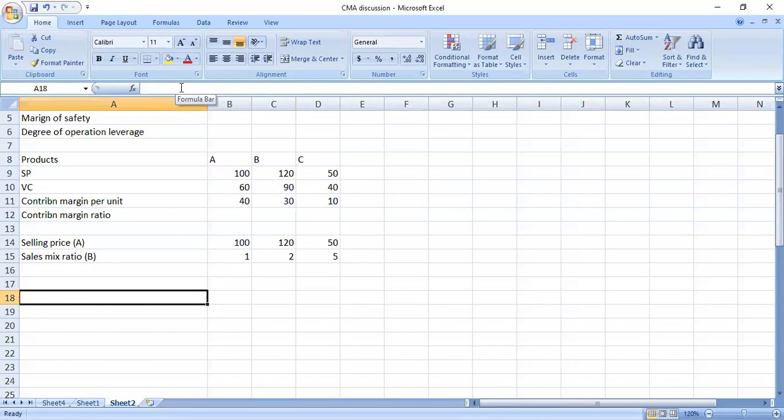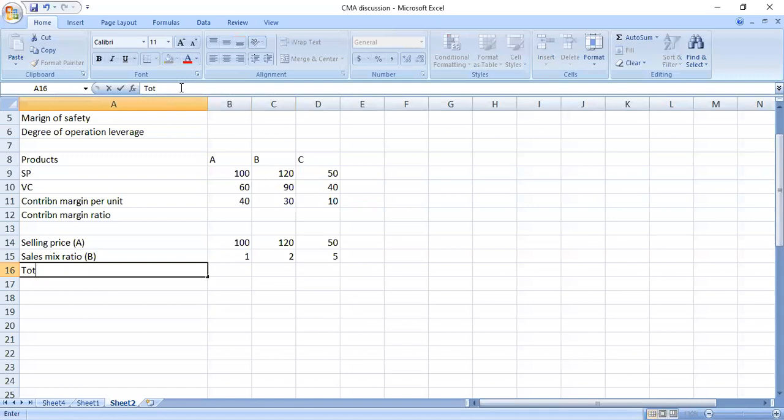So I get the total sales, which will be A times B. For product A, it's 100 times the sales mix ratio of 1.